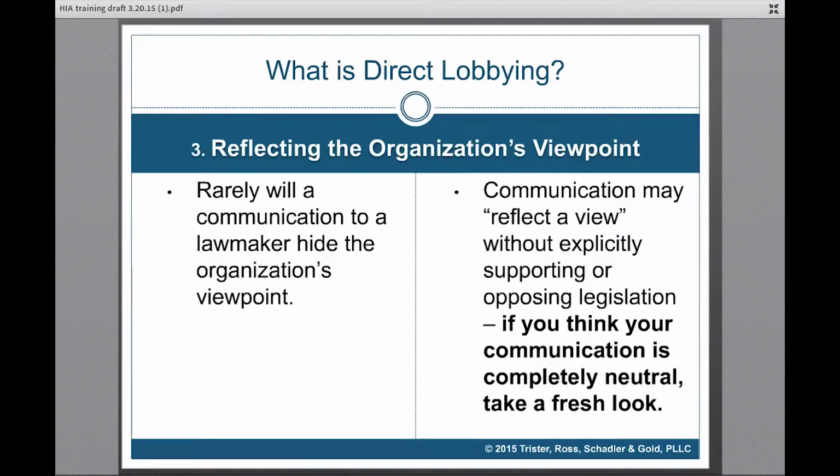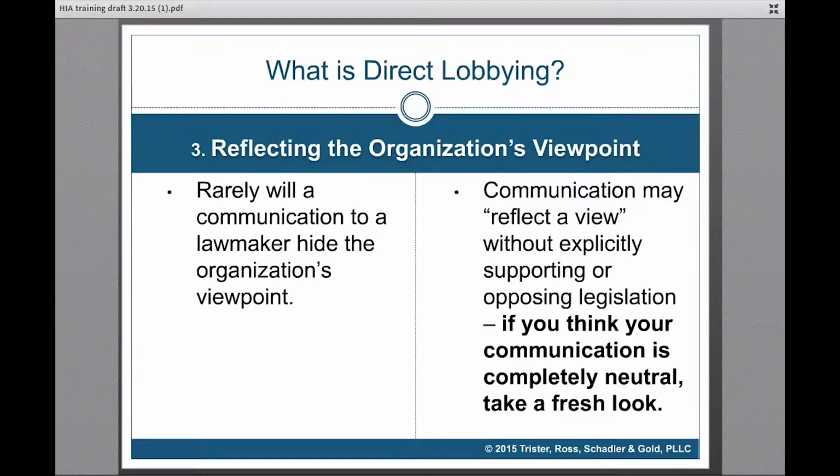And if that's all it were, it'd be easy for us to circumvent the IRS rules because we could come up with all sorts of ways to create calls to action that didn't include those specific words. So the IRS says other forms of communication can also constitute a call to action: identifying the audience's representative, providing their contact information, or identifying that legislator as neutral or opposed to your position on the legislation.